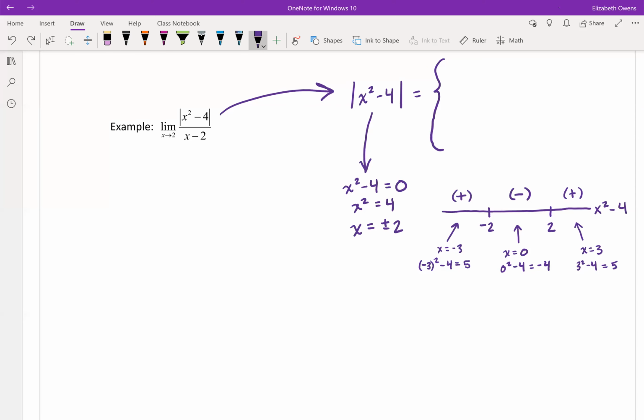So distance, we assume, is going to be positive, and absolute values turn out positive. So we want to make sure that in each segment of the number line, our result for the absolute value turns out to be positive.